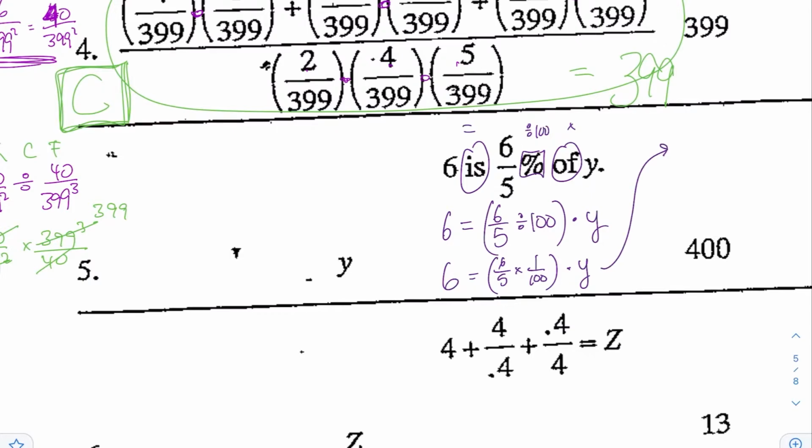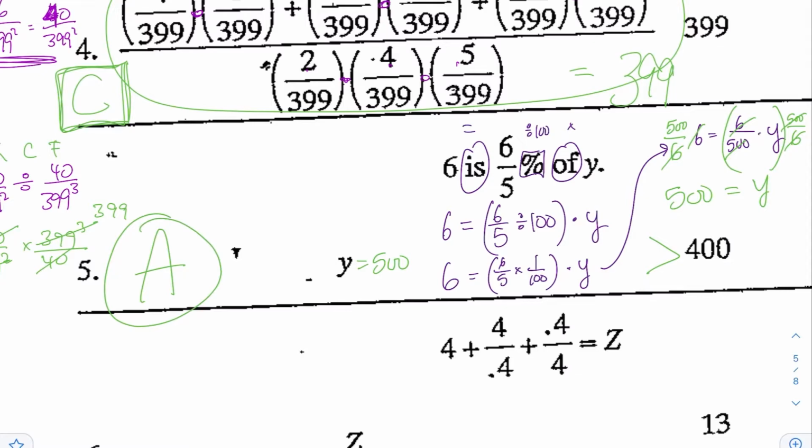So then when you simplify this, you know that 6 is equal to 6 over 500 times y. So to solve for y, you'll have to multiply by the reciprocal on both sides, which is 500 over 6. So when you do that, on the right side you just have y, and on the left side, the 6's cancel out, and you just have 500. So you know that y is equal to 500, and that's always going to be greater than 400. So the answer number 5 is A.